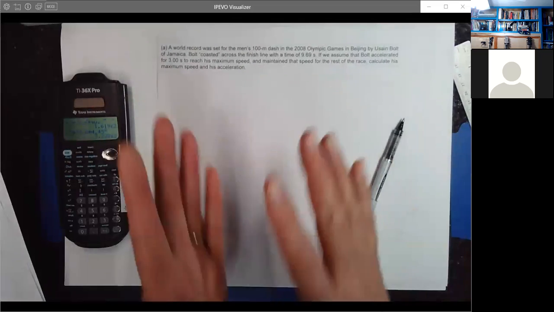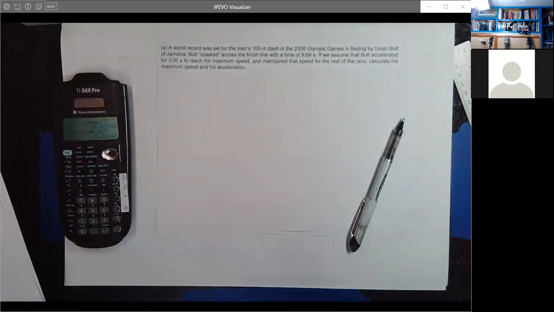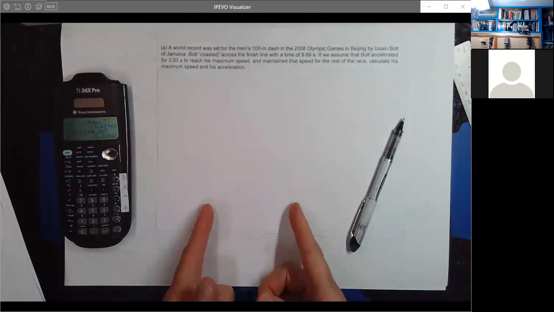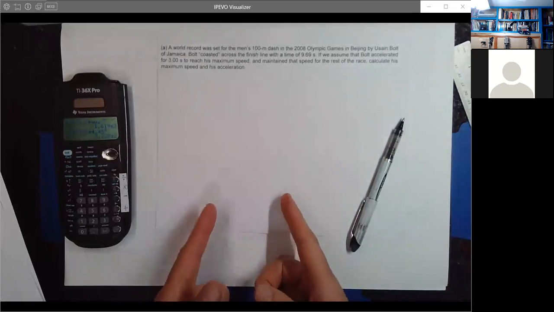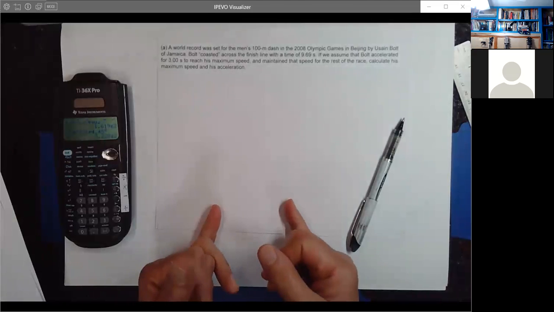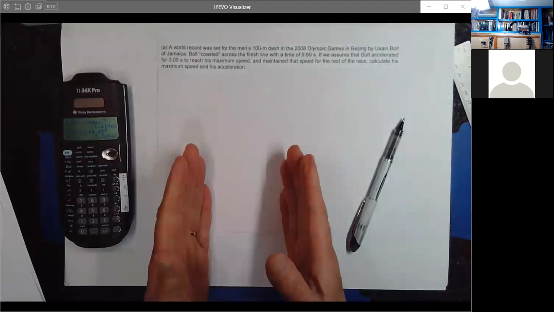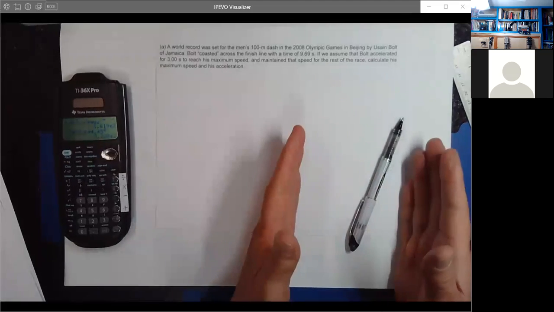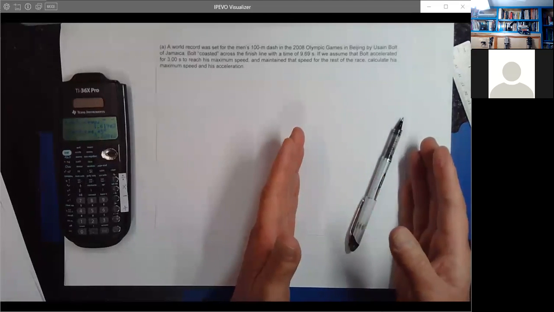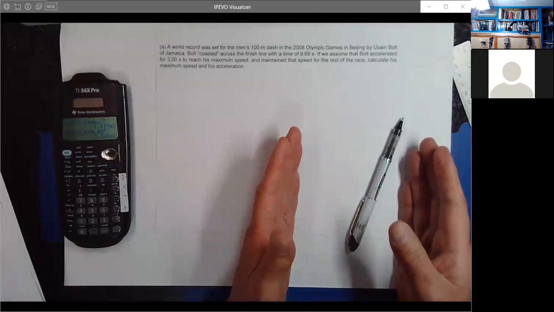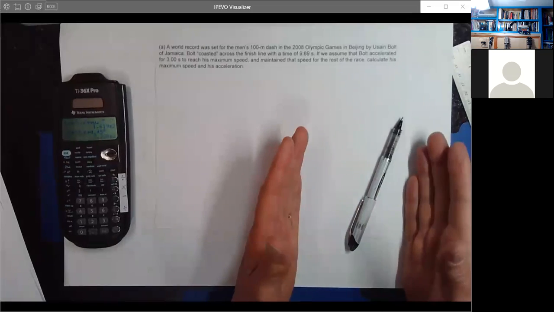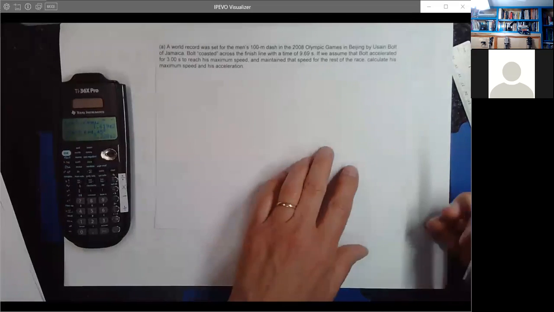Okay, this is a complicated problem. It splits the race into 2 parts. There will be a part during which he accelerates uniformly, and goes from 0 to whatever his top speed is. And then there will be a stretch of time when his velocity is constant, and he just maintains that for the rest of the race.